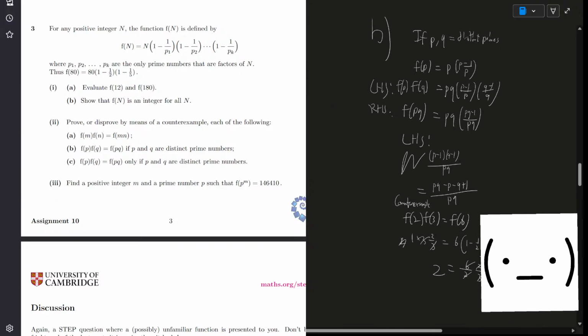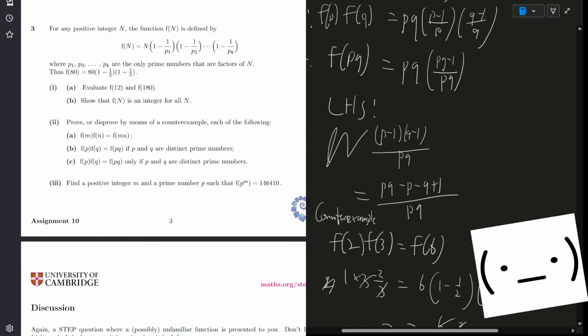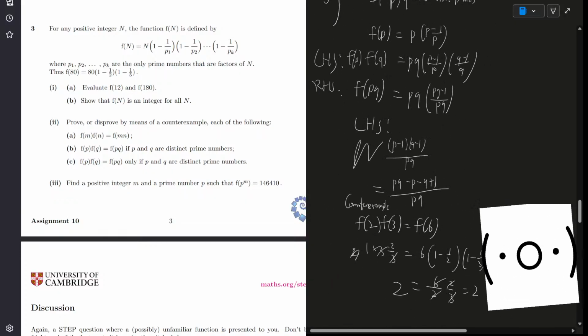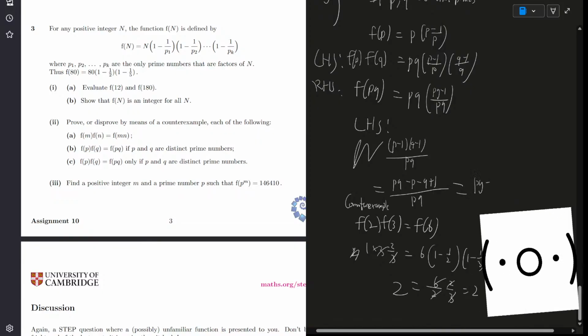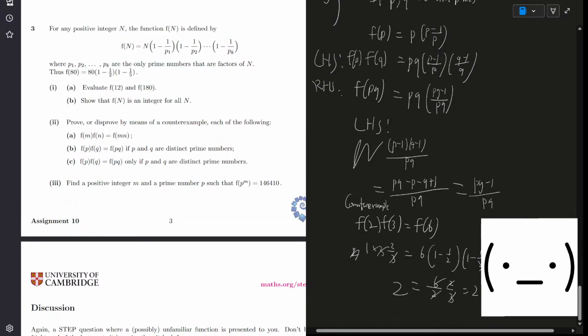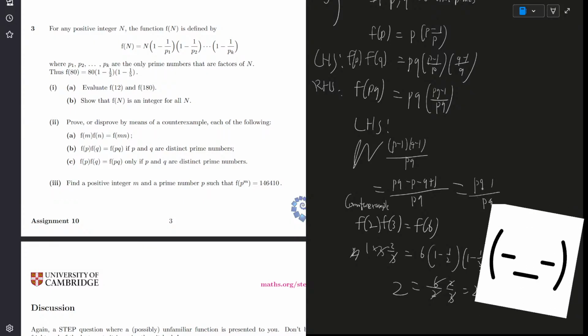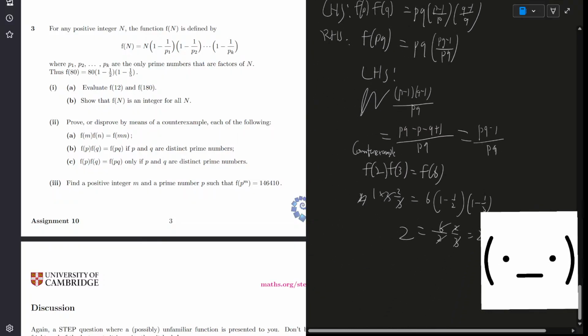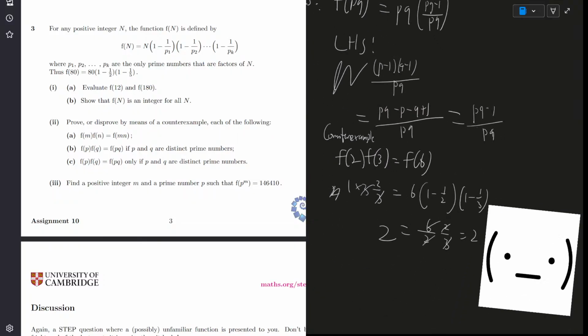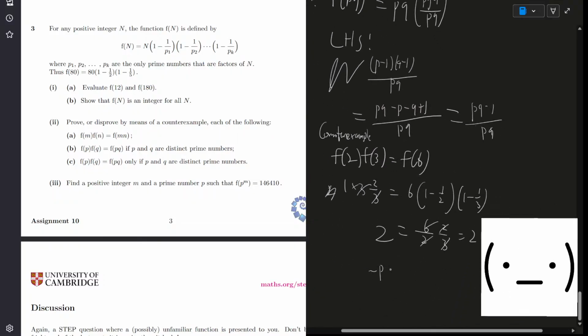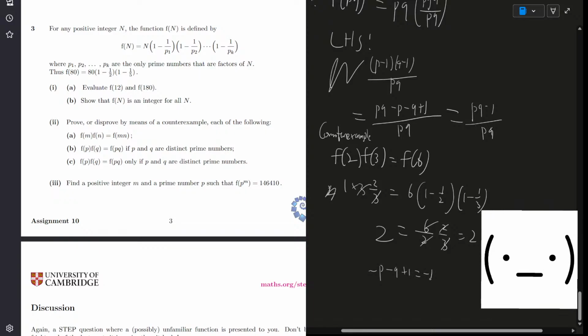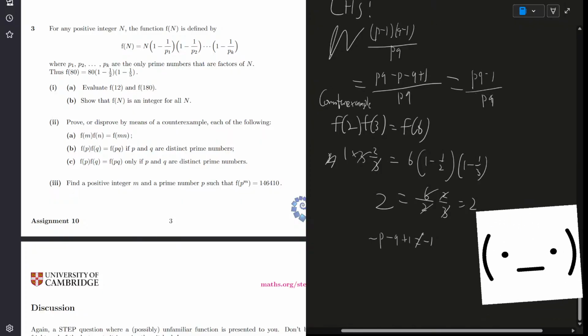Okay, wait. So maybe I just chose the wrong counterexample. What's this again? So this has to be equal to this. Oh, it's not G. My bad. Wrote G by accident. So that means we need some kind of circumstance where these two are not equal to each other.